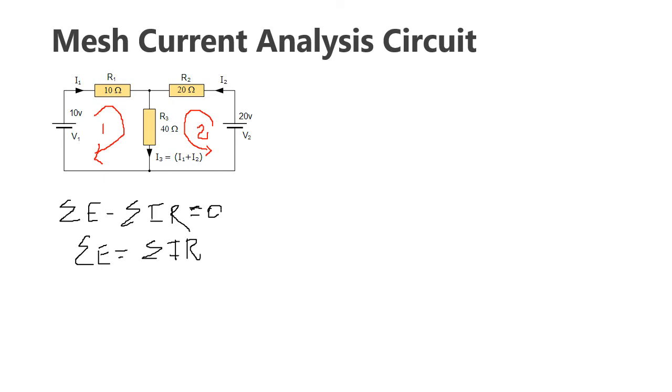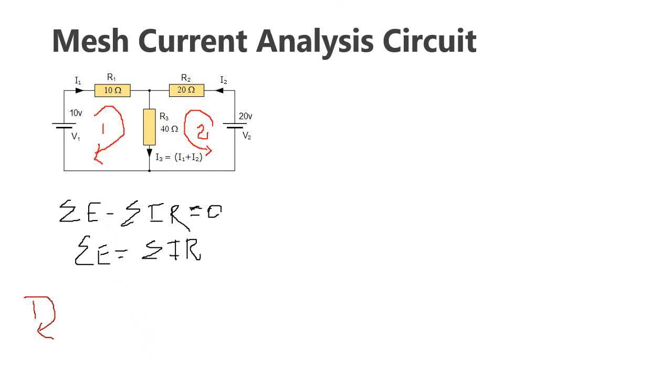For loop number 1, I am going to use the KVL equation or loop equation. There is only one voltage source connected in loop number 1. The 10 volt battery is in the same direction as my loop direction.